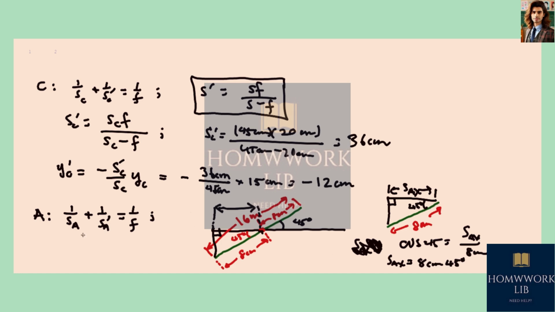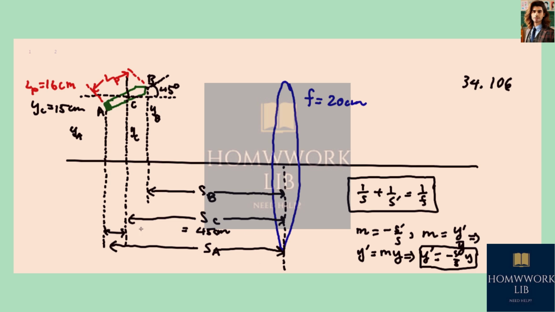Okay, so now I know that SA is SAX plus SC. We've determined that from the figure, right, that SC is the midpoint, and then I need a little bit more, which I called SAX. So that little bit is LP over 2, which is 8 centimeters, times cosine of 45 degrees. So then SA is SC plus SAX.